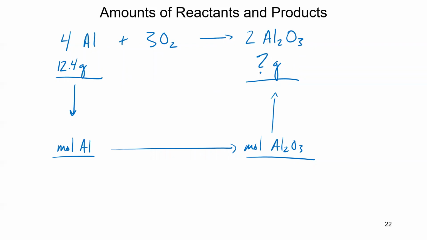When we were in chapter 2 and we were talking about our dimensional analysis problems, right? We always said each arrow is a different conversion factor. And so now we're going to have 3 different conversion factors here. So we start with 12.4 grams of aluminum. Right? How do we convert from grams to moles?